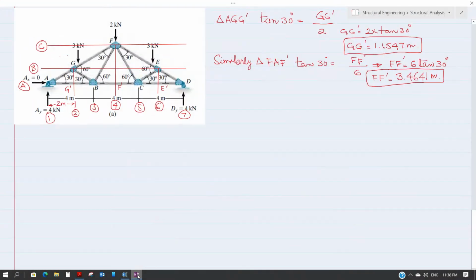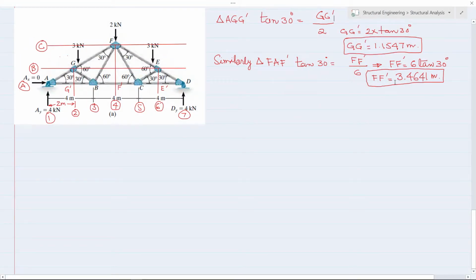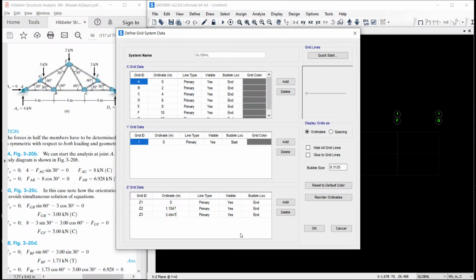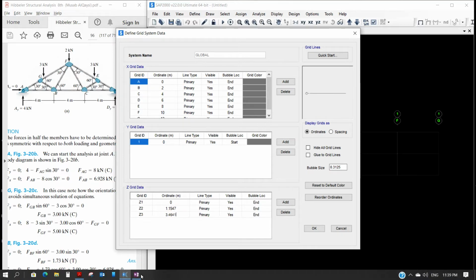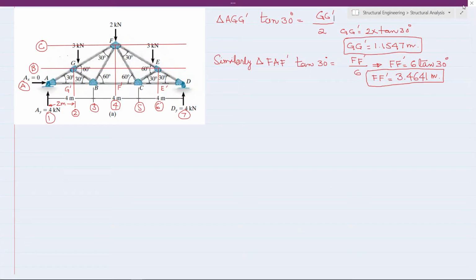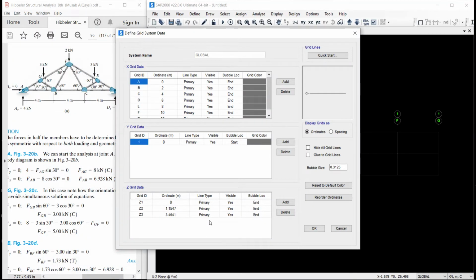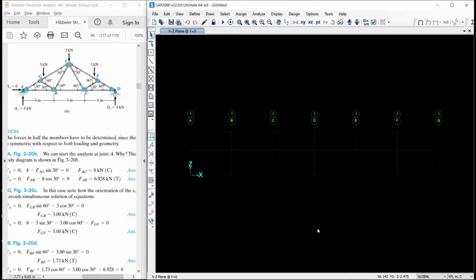Let's have a look once more. 3.4641 and 1.1547, yes. So these were the values. Okay.